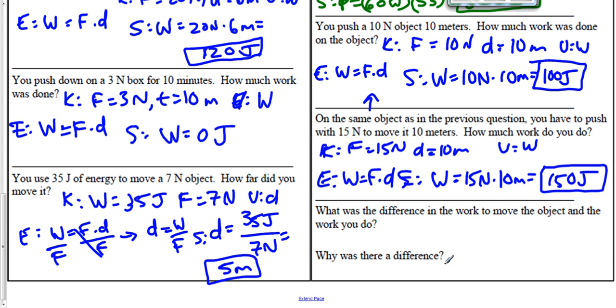The reason there might be a difference, well, the distance was the same and the object was the same, so it would probably be greater resistance, or perhaps even though it says the same object, maybe it's more massive for whatever reason in the second case. But there's going to be more resistance is the more likely reason. Okay? More work.